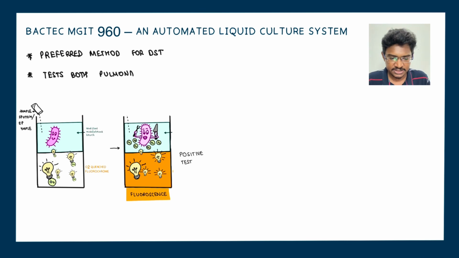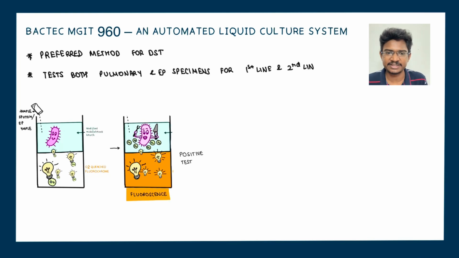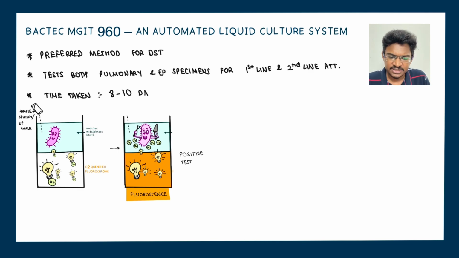Also, what are the points you should be remembering with respect to BACTEC MGIT? First, it is a preferred method for drug susceptibility testing. Next, it tests both pulmonary as well as extrapulmonary specimens for both first line as well as second line ATT.